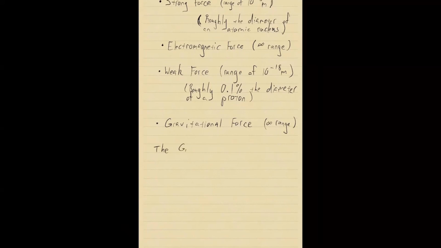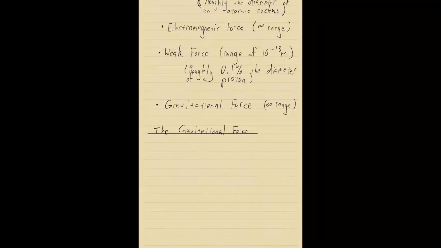So we have the gravitational force, and we have that the magnitude of the gravitational force between two massive objects, which we denote by F of G for gravity, is equal to G times M1 times M2 divided by R squared.